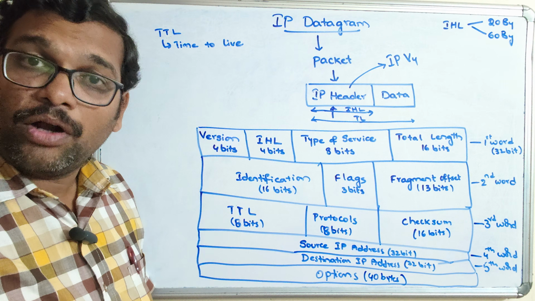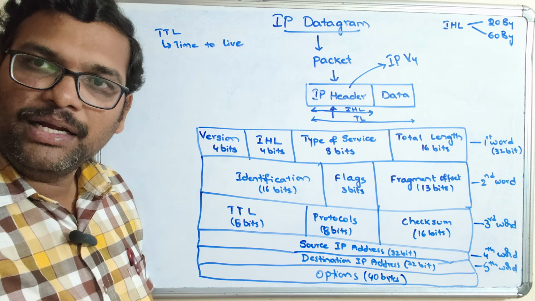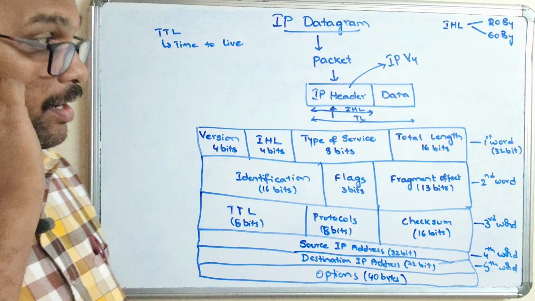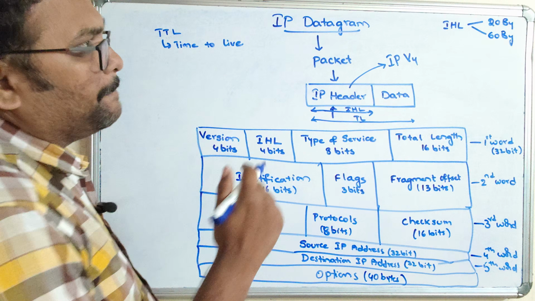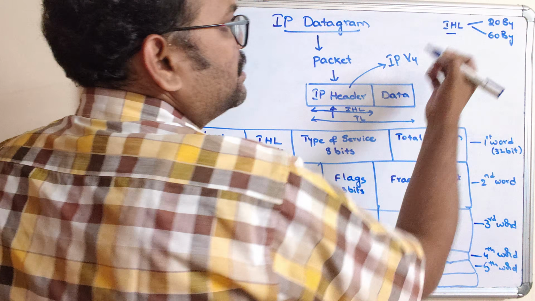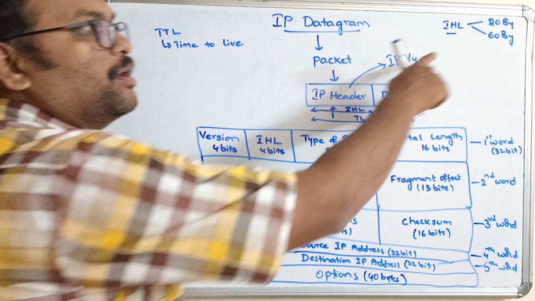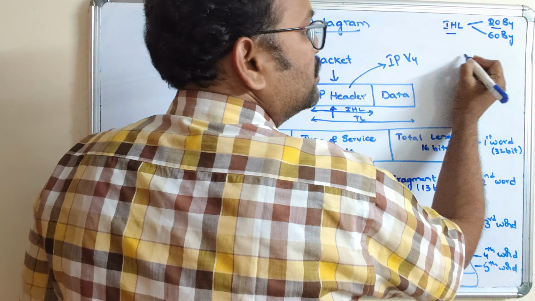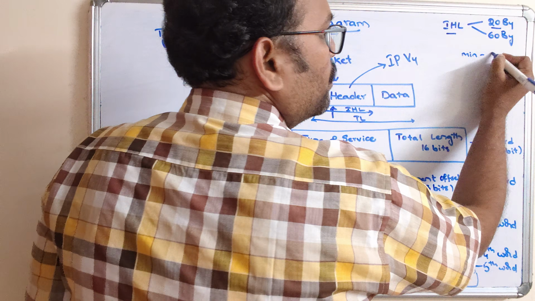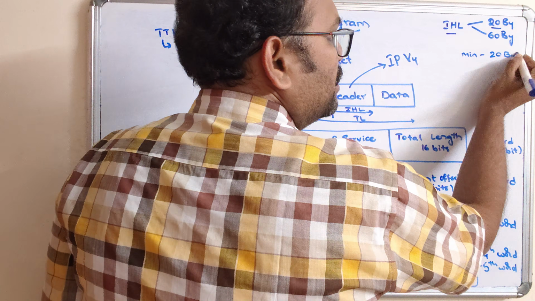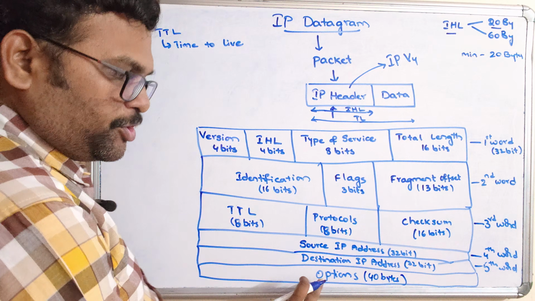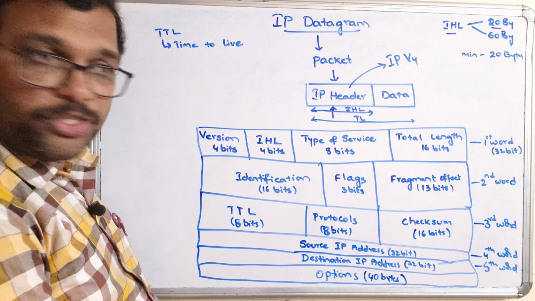This is the IP header, not including the data. The internal header length will be a minimum of 20 bytes. Here you can see this is options, and it is optional.